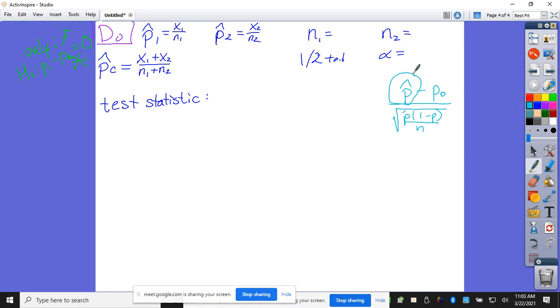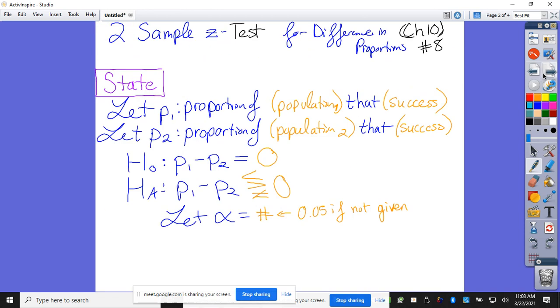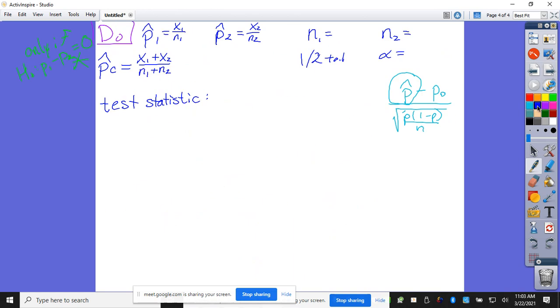So this is our sample value, but now I have 2 of them. So instead of just writing P hat 1 or P hat 2, I do what with them? Subtract. So it's going to be P hat 1 minus P hat 2. I always, by habit, put a parentheses around that because I say that this whole section is now this.